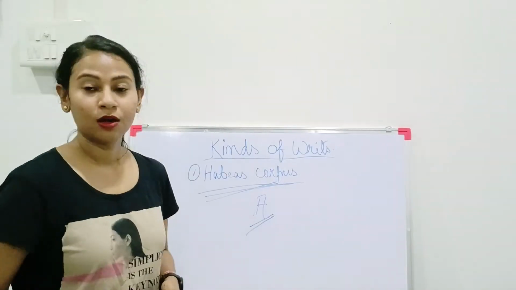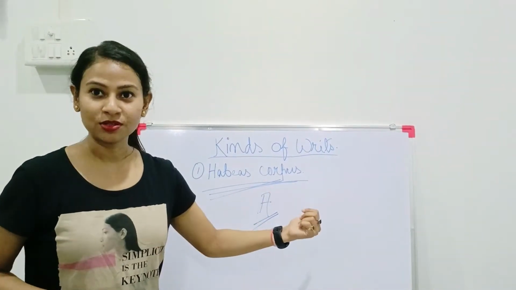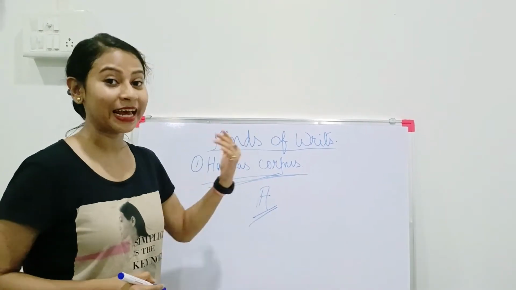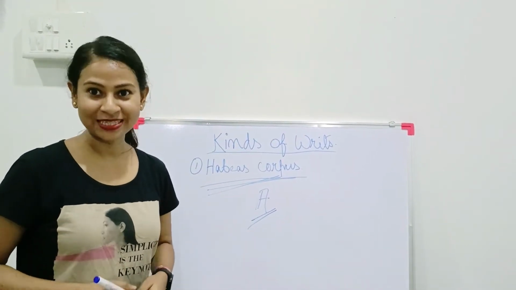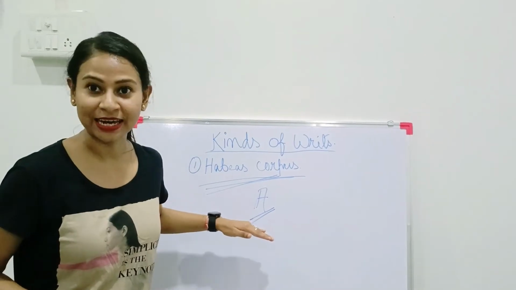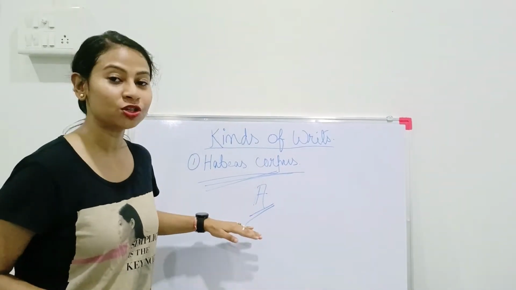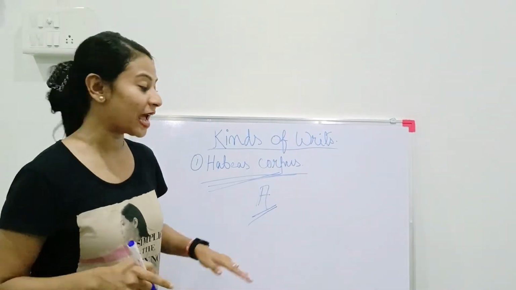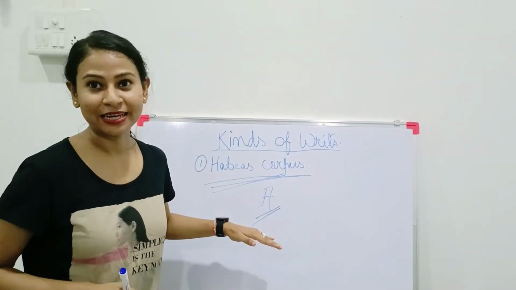Whenever this writ is used, the Supreme Court or the High Court will ask the detaining authority on what basis this person has been detained. And if the detention is illegal, then the detaining authority has to release him immediately.